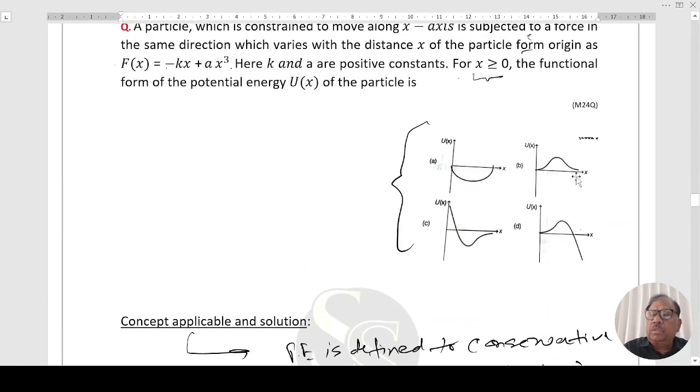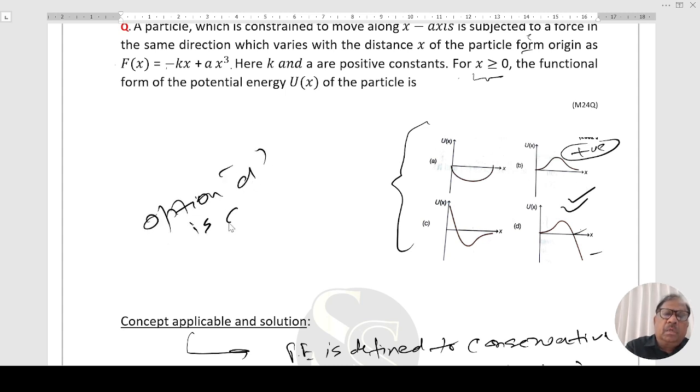Now in this case this is always positive. In this case, at this point this becomes negative. In this case it is always negative. In this case slope is not zero. So this is the correct answer. Option D is the correct answer, right?